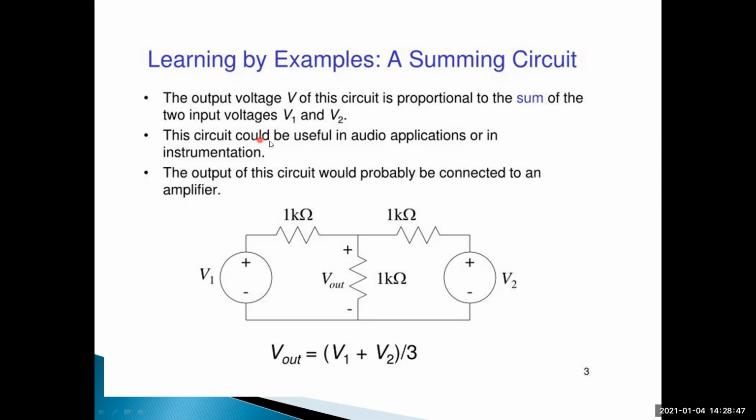So this circuit could be useful in audio applications or in instrumentation. Some audio applications generally use these circuits. The output of the circuit would probably be connected to an amplifier. This is one of the simple circuits practically, so we use it like this.